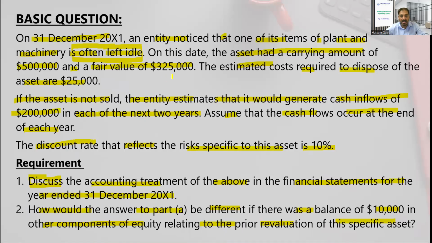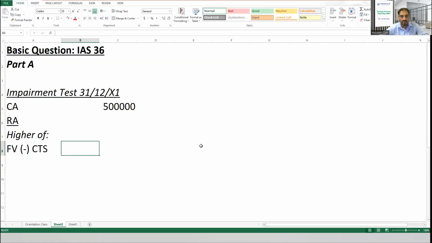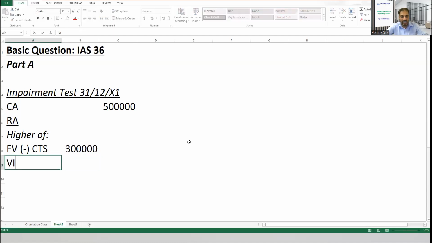That is 325,000 minus 25,000. And value in use, we can work on it. Working.